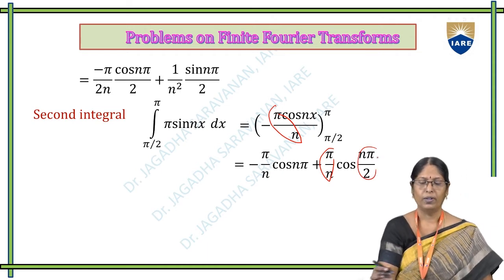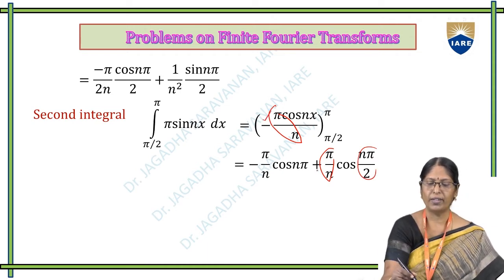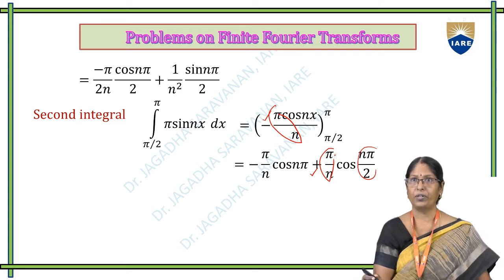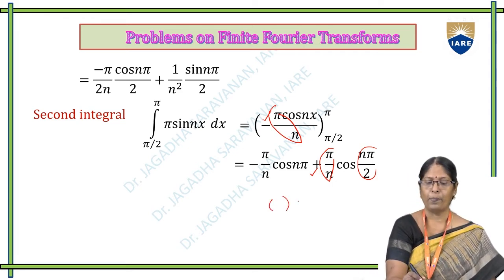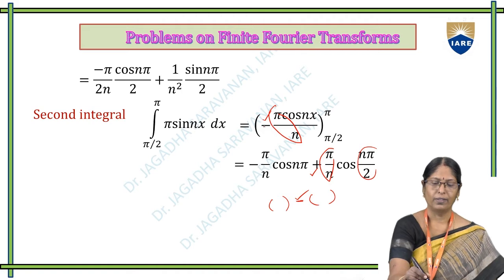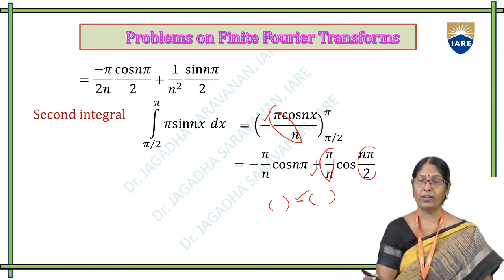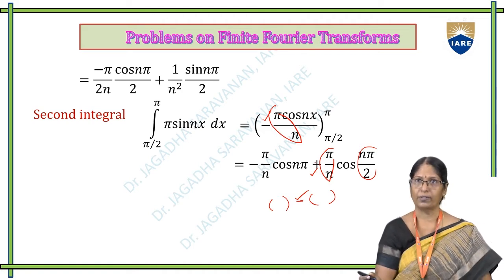Substitution is over, but here the negative sign is there, and here it is written as a positive sign. We know it: the limit applying is upper minus lower. This minus, formula minus, this minus, problem minus, put together plus.